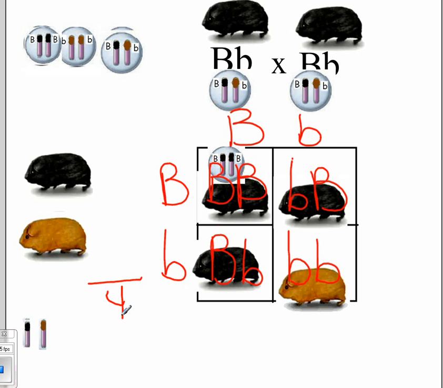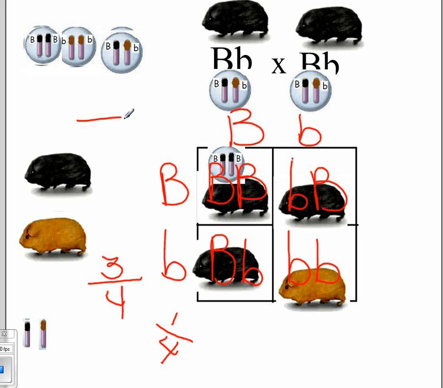What is the possibility for our phenotype to be black? 3 out of 4. What's the possibility that we're going to have a brown one? 1 out of 4 every single time, right? Now, genotype.